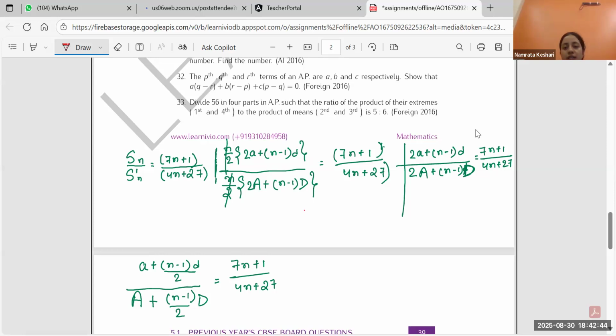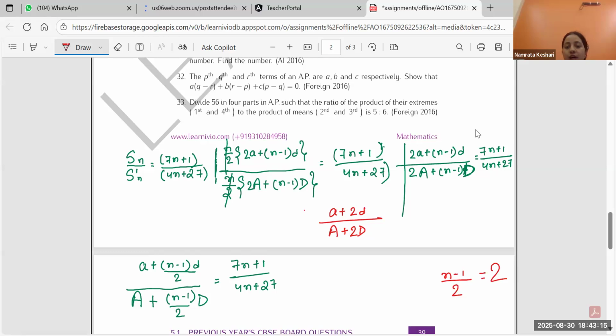And how will you understand? First you need to understand the third term ratio will be a plus 3 minus 1, that is 2d, and here also a plus 3 minus 1, that is 2d. Yes or no? Yes, sir. And if we want to find the ratio of third term, then n minus 1 by 2 we want to make just 2.